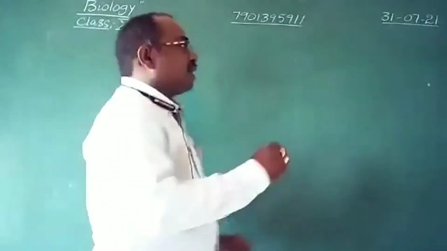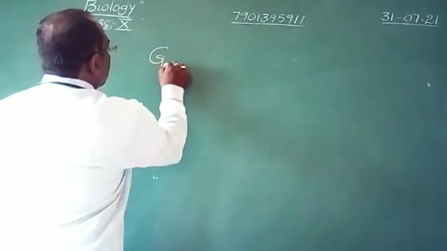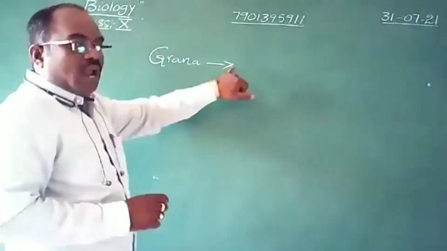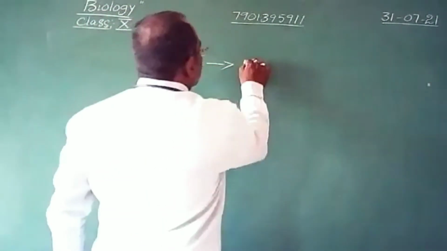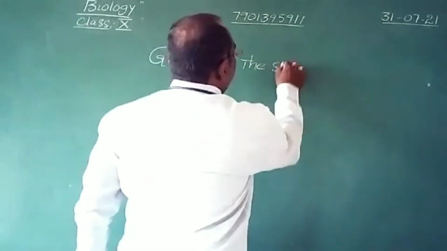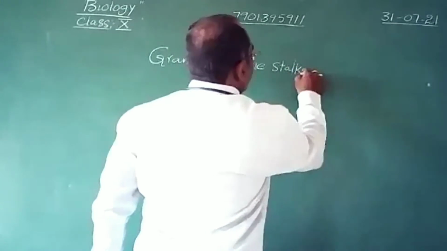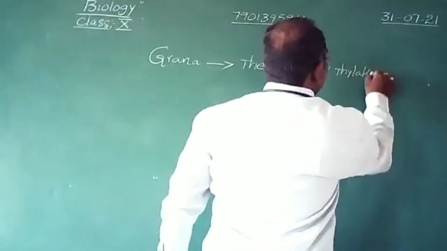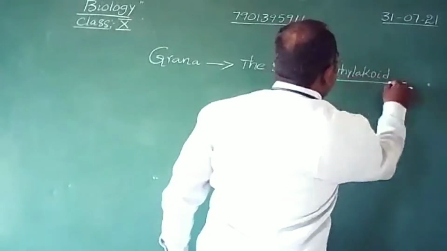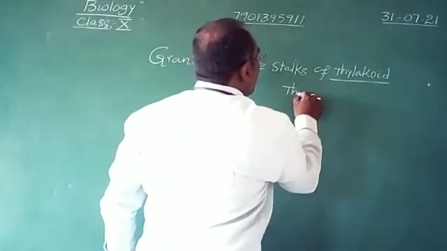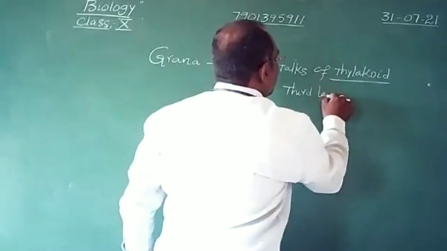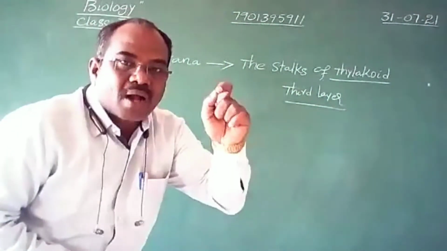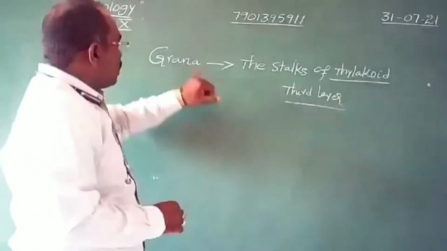In a chloroplast, grana is present. Grana means the stacks of thylakoid membrane. This is the third layer of chloroplast, the interior part of the chloroplast.